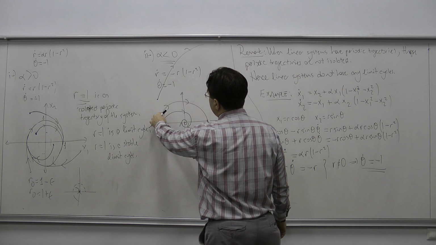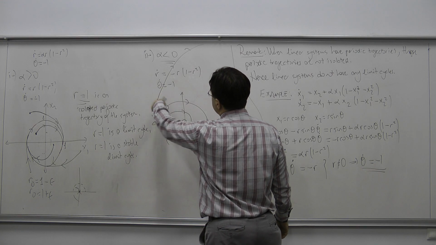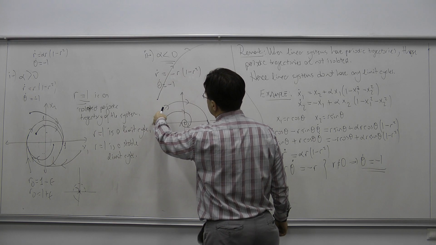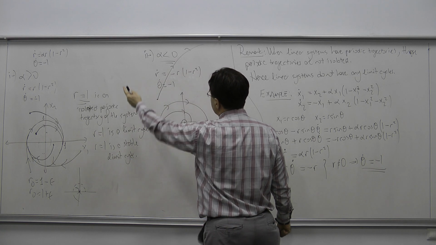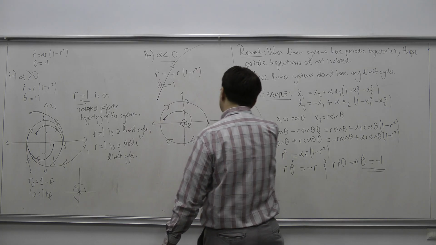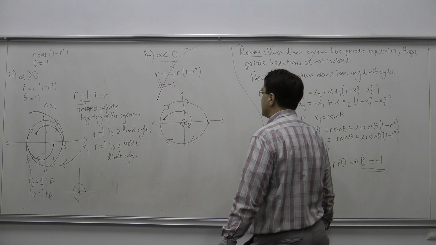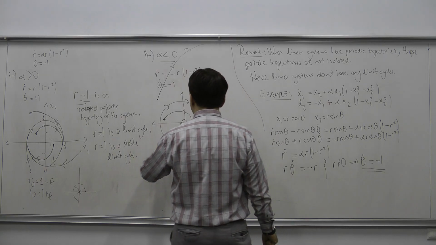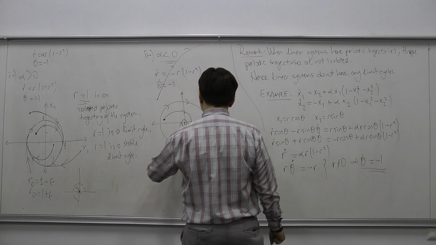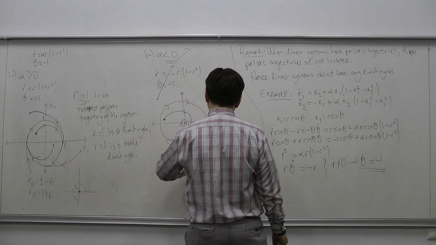It is sufficient that there exists only a single trajectory started infinitesimally close to that limit cycle that would diverge for us to call that limit cycle an unstable limit cycle. So in this case, r equals 1 is an unstable limit cycle.